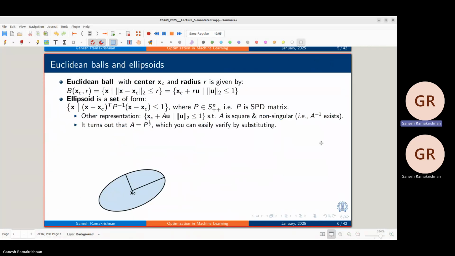So the Euclidean ball is another very classic example. There's a radius r. Now, interestingly, when we say radius r, basically we assume that there is actually no skew at all.